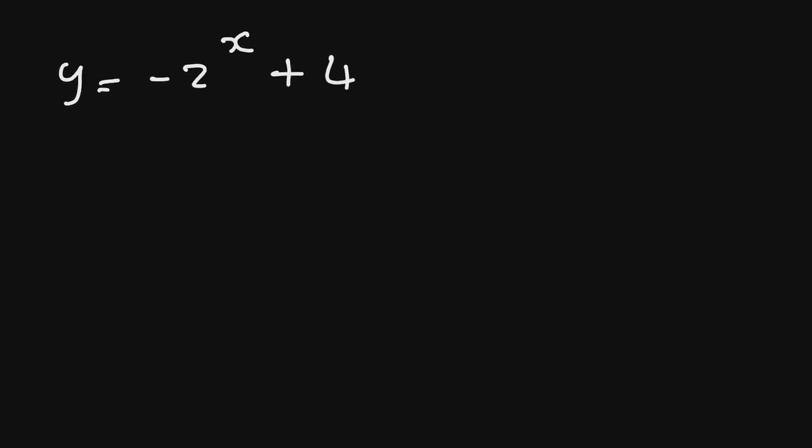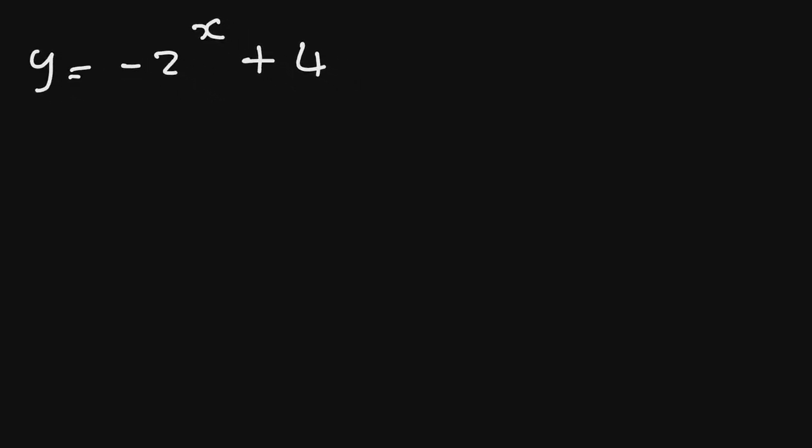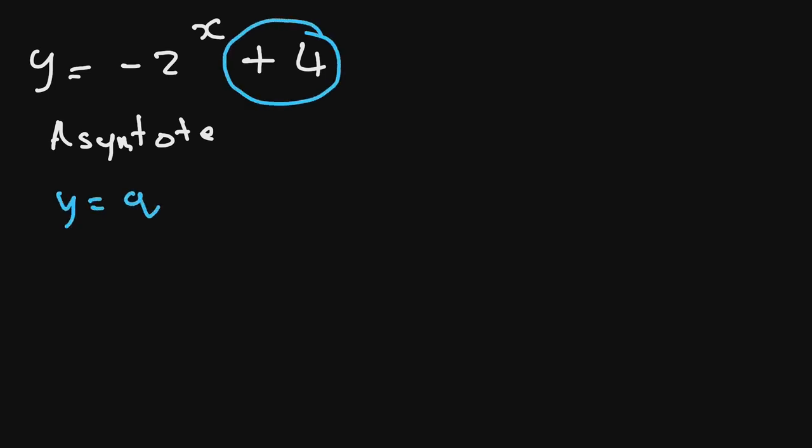Like with any other function, to plot it we first need to find the asymptote, if it has one, and then find the x and y intercepts. The asymptote of an exponential function is where y equals q. In this case, the value of q is 4, so our asymptote is y equals 4.